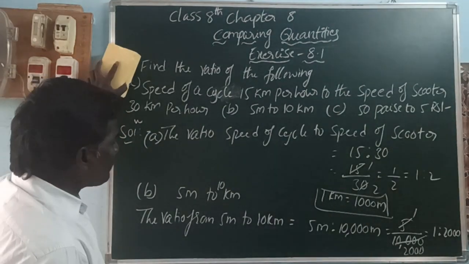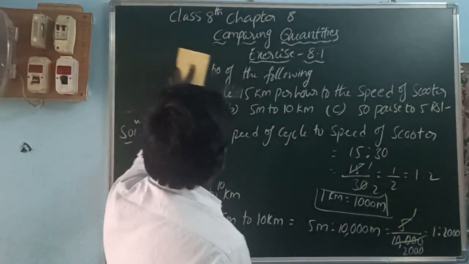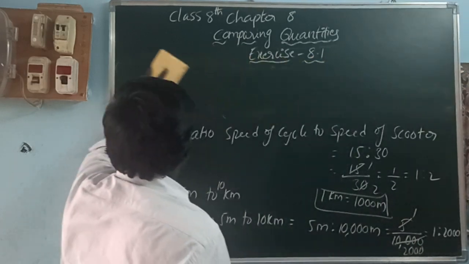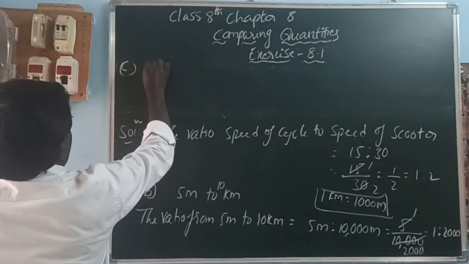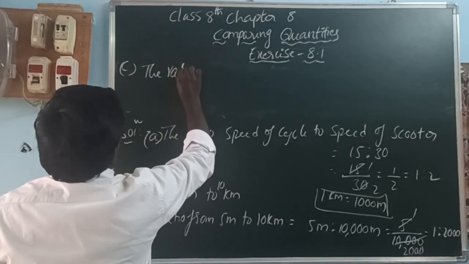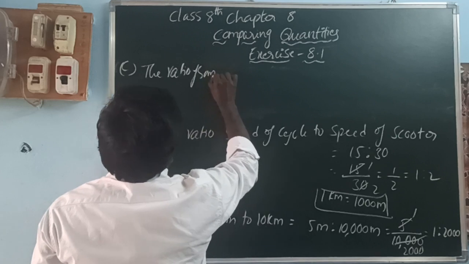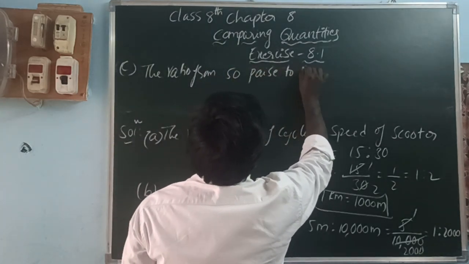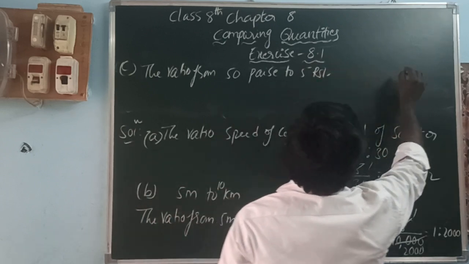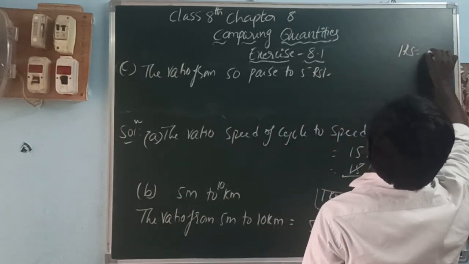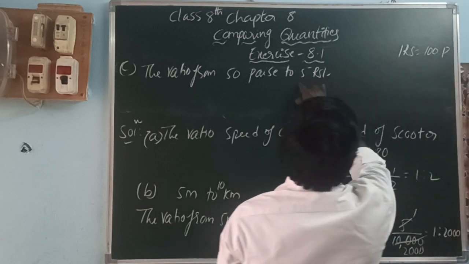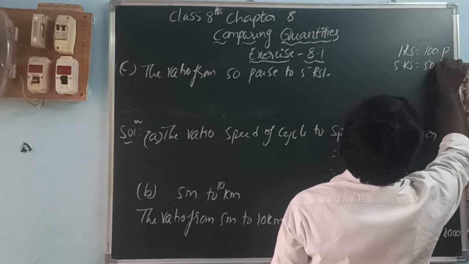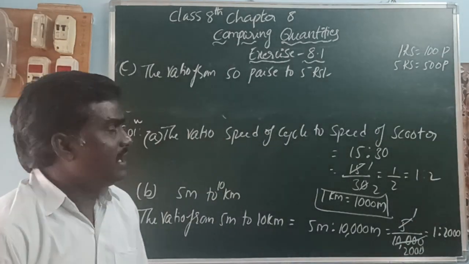Next, 50 paise to 5 rupees. We know that 1 rupee is equal to 100 paise. Here there are 5 rupees, so 5 rupees is 5 into 100 paise.